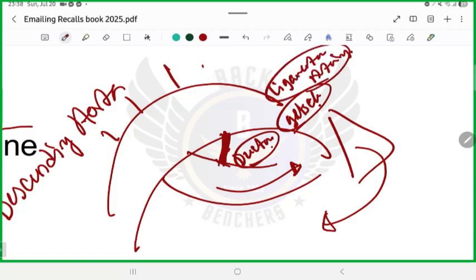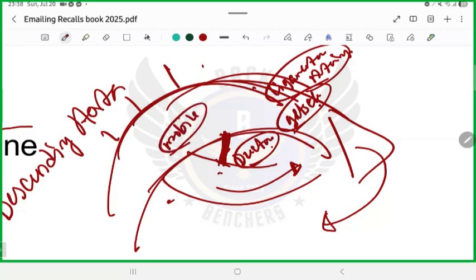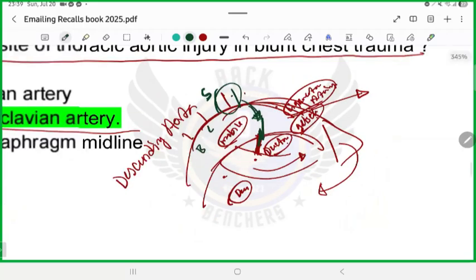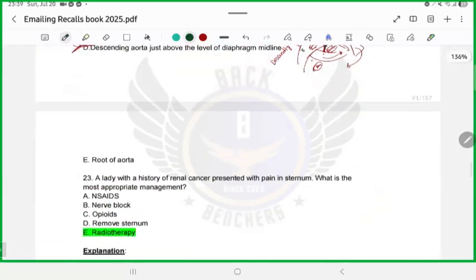So anytime there's a pull, the aorta is mobile, it's free. In case of blunt trauma, let's say it goes this way and the pulmonary trunk does not go this way. So the tear generally occurs here, just distal to the left subclavian artery.